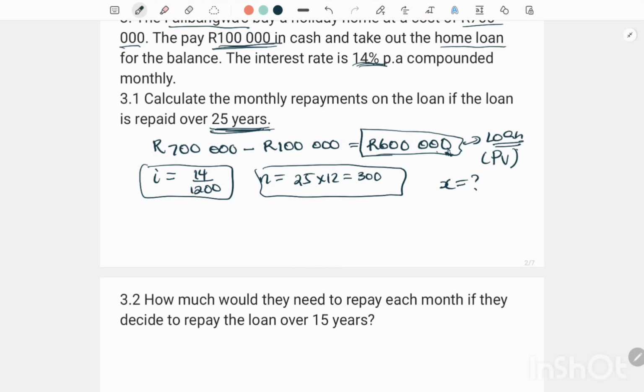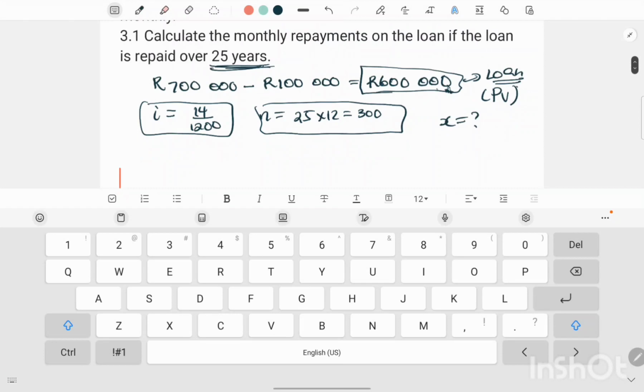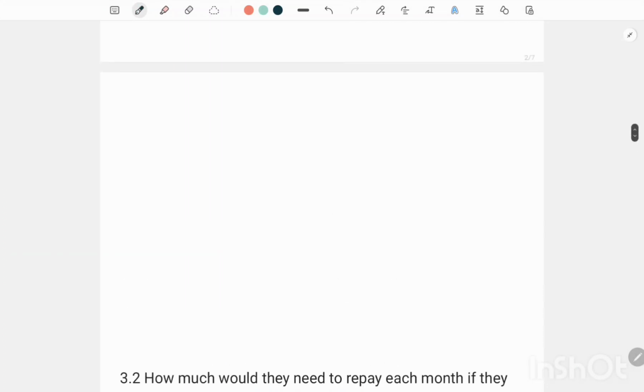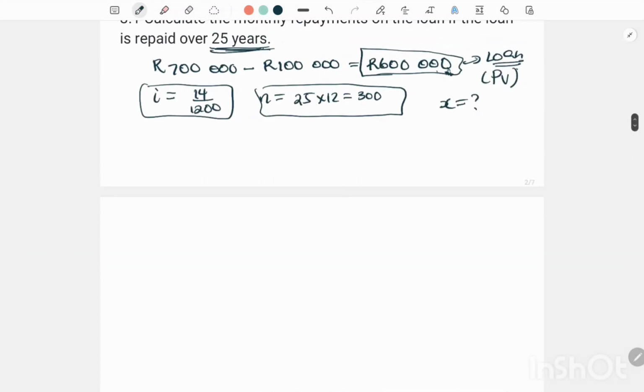So the formula is, remember, it's monthly payments.